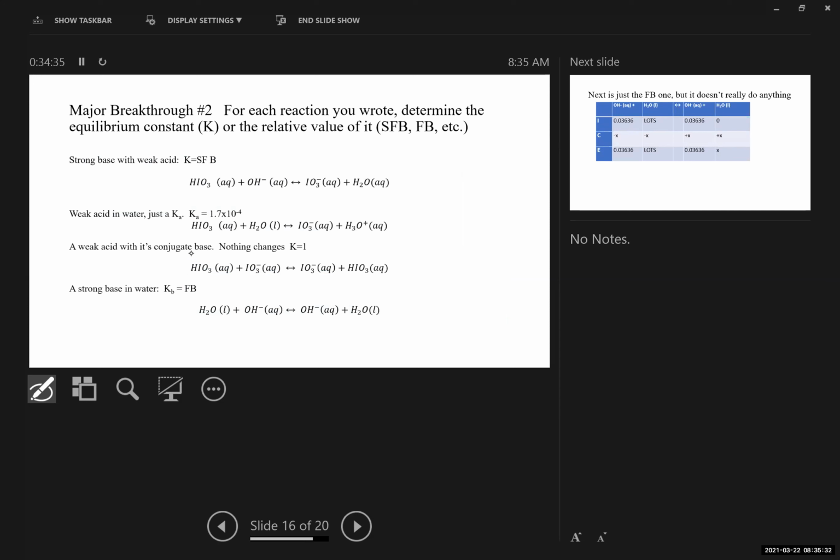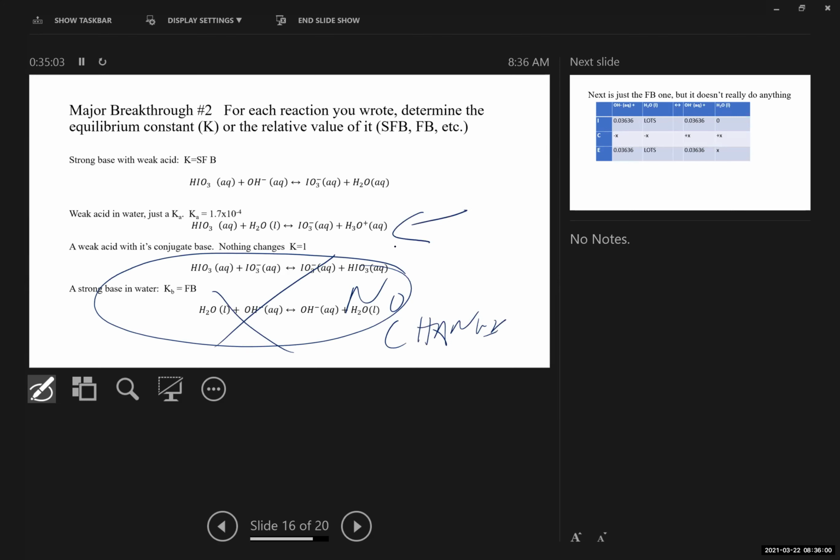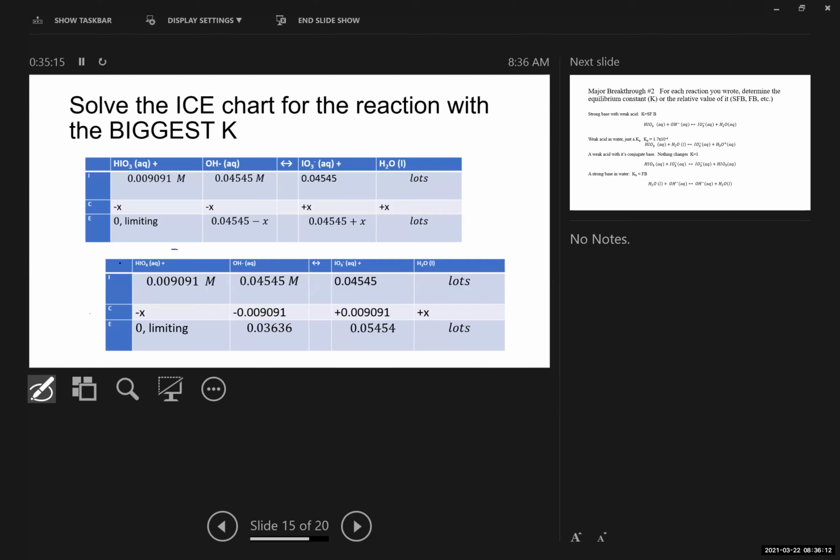I can't hear you. The Ka of I, or which one? Oh, the Kb for the IO3 minus, because technically the second biggest K, if I ignore these, which again don't change anything, is this, but I don't have any HIO3, right?